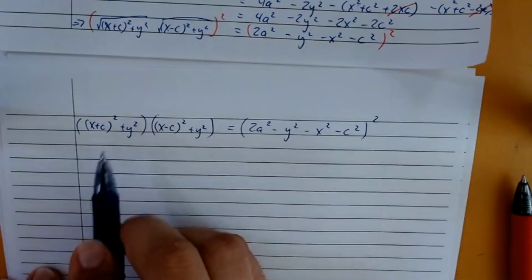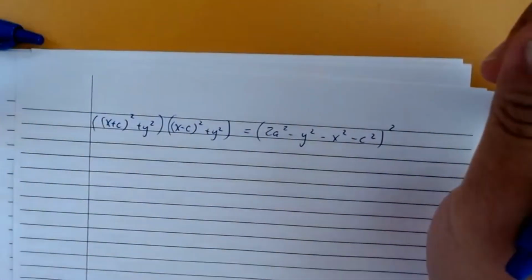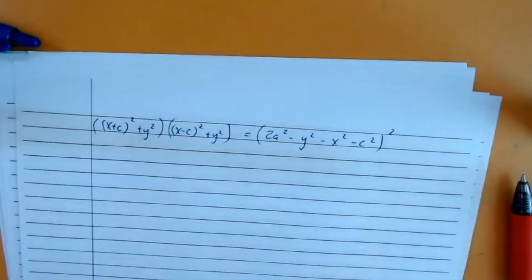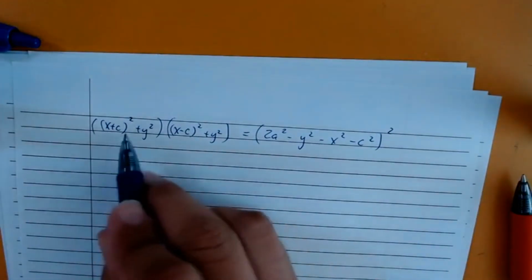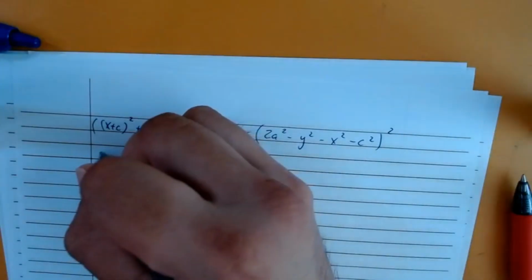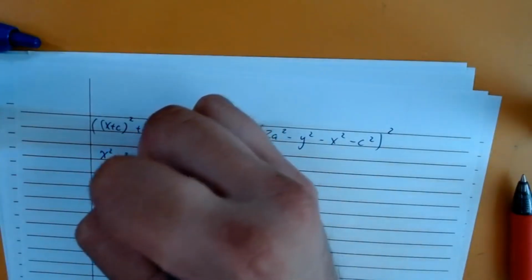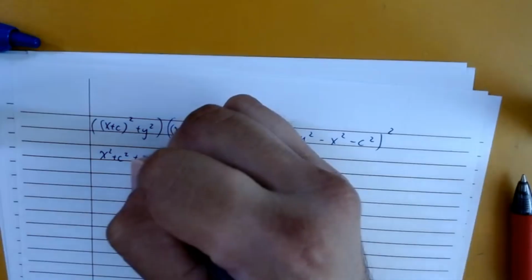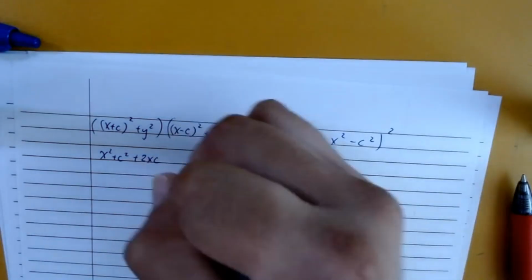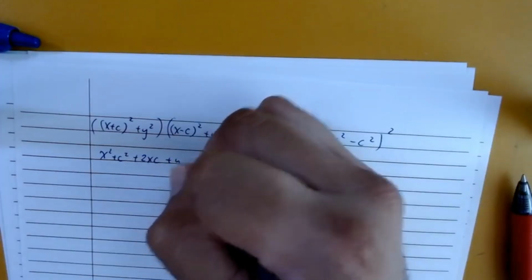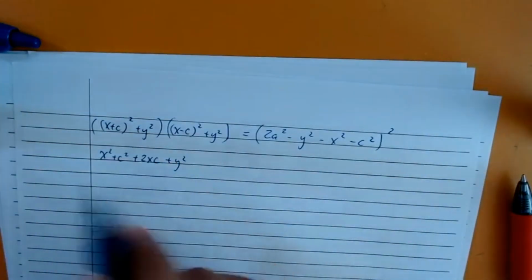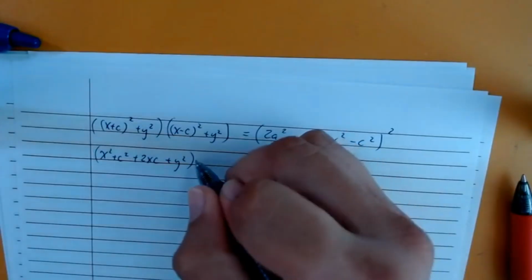And here's where it gets a little bit big. Here we can multiply this out. So this will give us x² + c² + 2xc + y². We squared out that part, leave the y² alone. And then over here we can square this out.